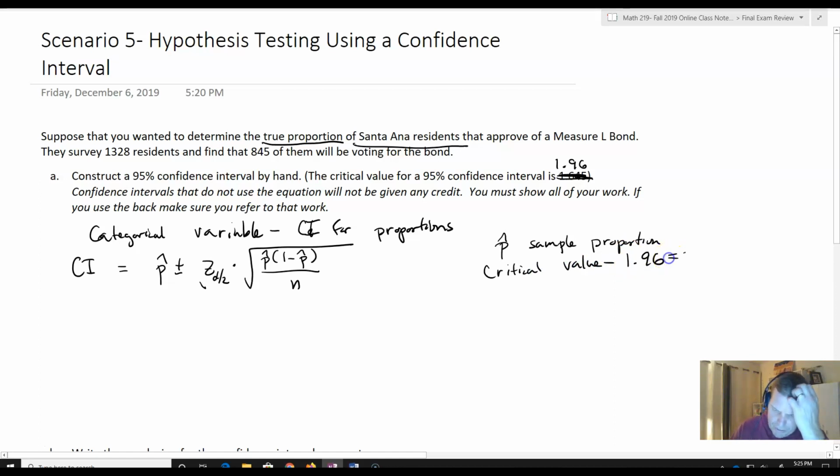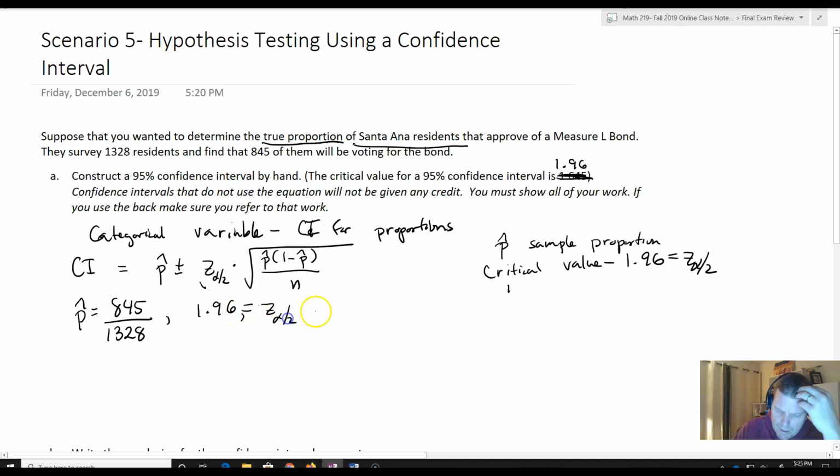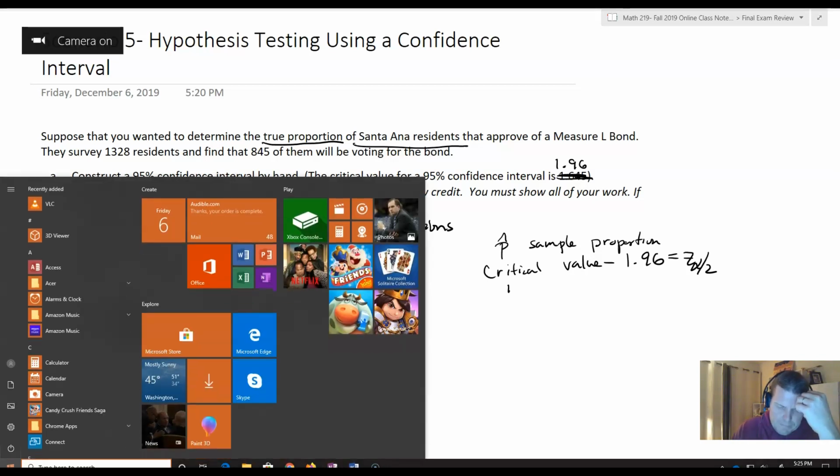That's z alpha over 2. So p hat is going to equal 845, the number of people who said they would vote for it, over 1,328. And n equals 1,328.